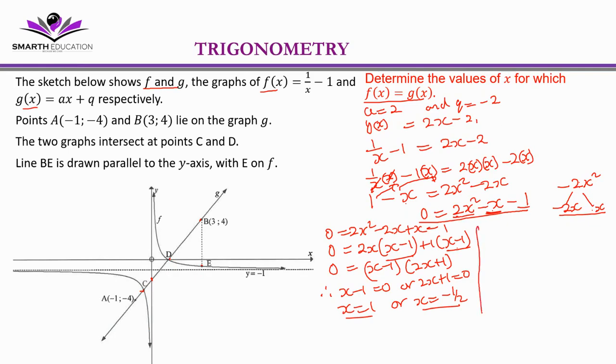And then I said you can use the other method where you break the first term and the last term into their factors. So 2x squared can be broken into 2x and x. Then 1, ignore the signs for now, can only be 1 and 1. Then you cross multiply this. 1 times x is x. Then 2x times 1 is 2x.